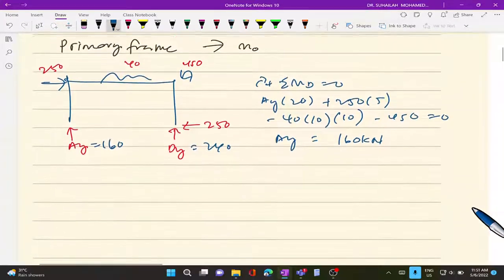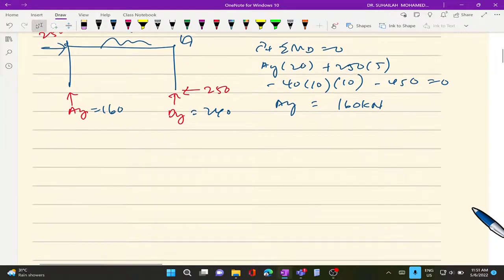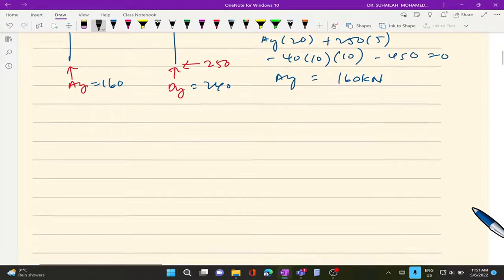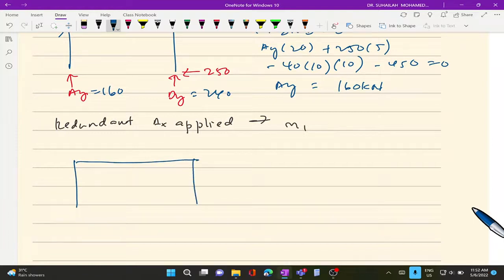Okay. So we calculate now the reaction in the redundant frame. Redundant AX applied. So this one we produce M1. Okay. So we have AX as redundant. This is 1.